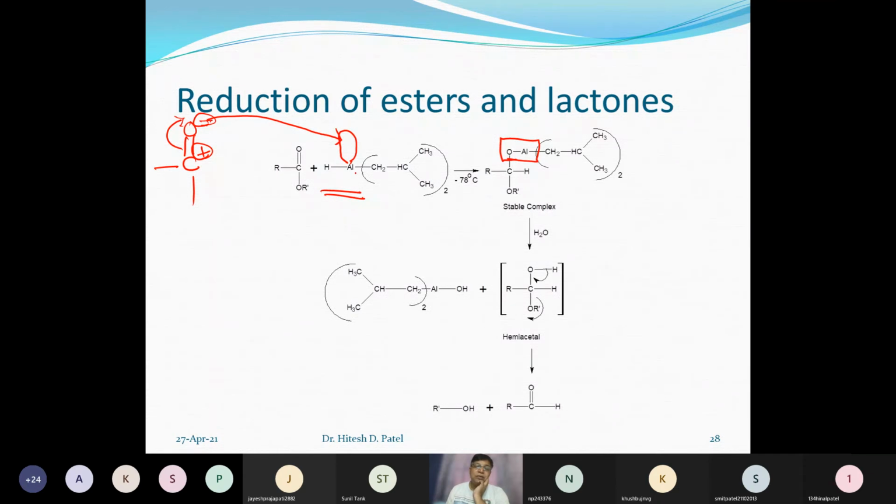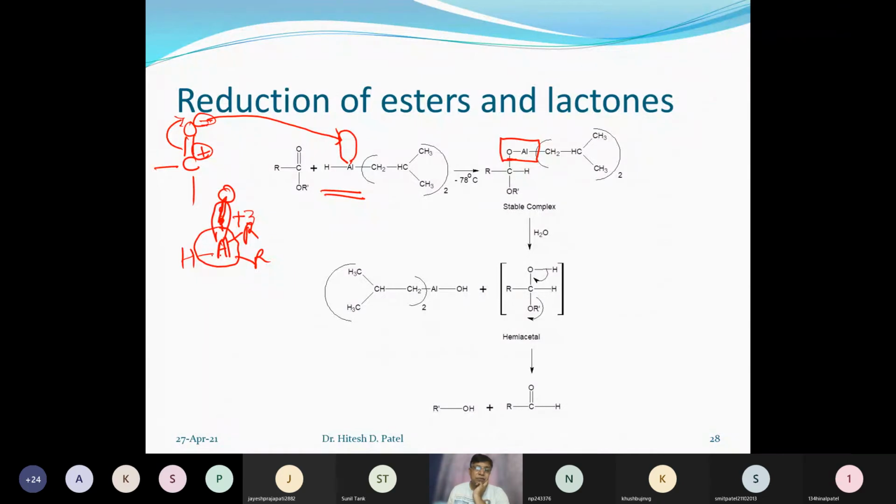When the O-Al bond forms, the valency of this aluminum becomes high. Al, I am writing R only, H. Here one orbital is vacant. Oxygen is giving electrons, so oxygen will bind with this. Now you can see the valency of this aluminum becomes 4. Ideally aluminum has +3 only, but now it is +4.